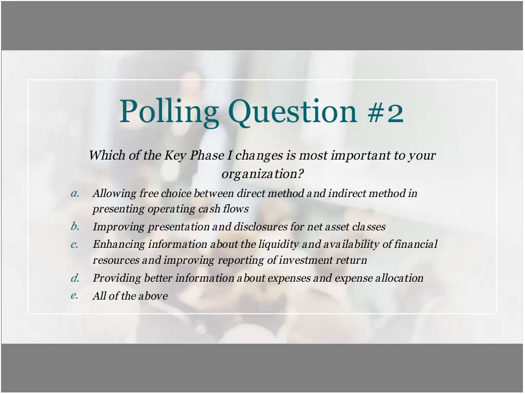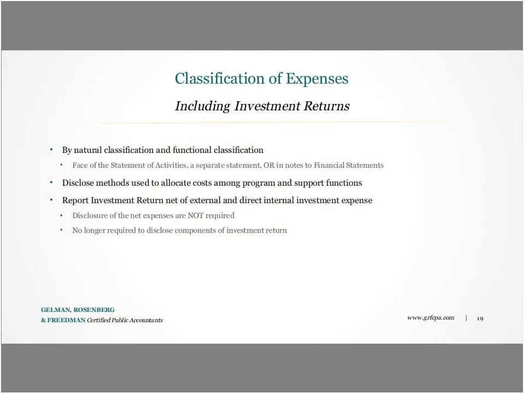However, if you haven't been presenting this in the past, it will be something different and will require some information gathering to have this information on hand. But even if you were preparing a functional expense statement, there is a piece of the new ASU standard that will affect you, and that is the requirement to disclose the method used to allocate the costs among the programs and supporting services.